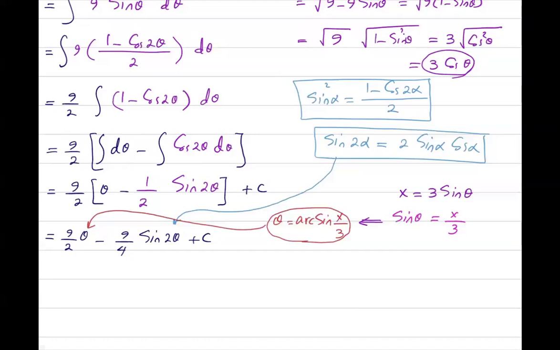So let us write this guy down as 9 over 2 times arc sine of x divided by 3 minus 9 over 4 times 2 sine theta cosine theta plus constant of integration.